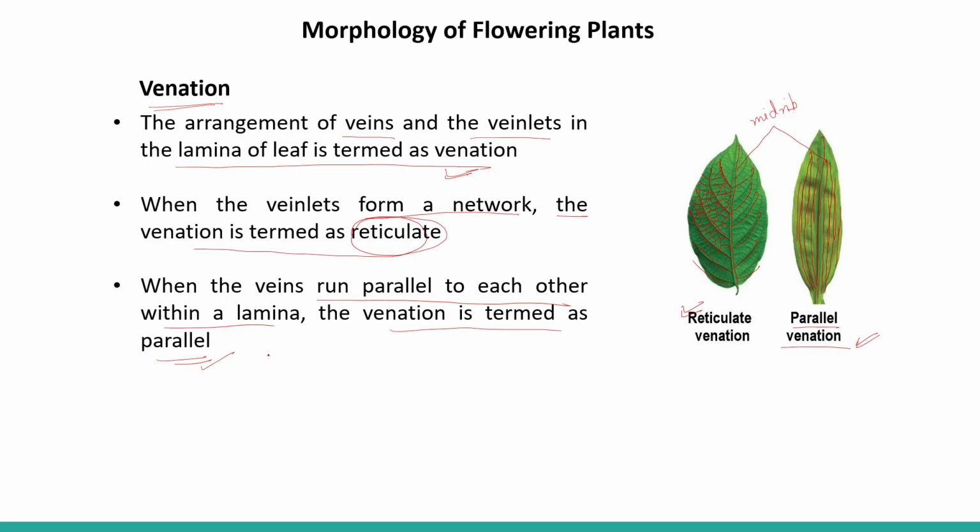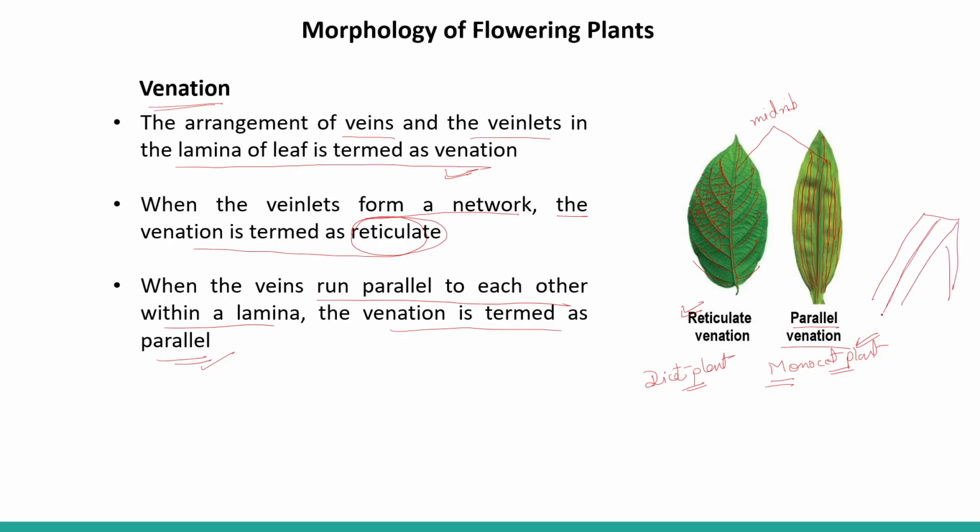Now there is one more thing you must remember. Reticulate venation is a characteristic of dicot plants. And parallel venation is a characteristic of monocot plants. So always you will see, if a plant is monocot, like wheat, rice, maize, when you see the leaves of that, then you can find parallel venation.